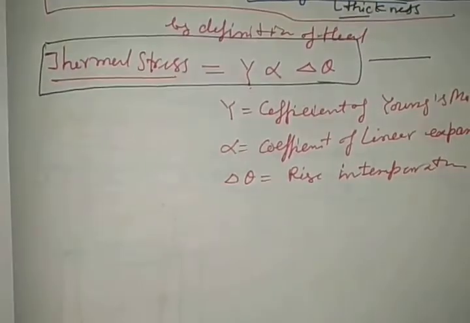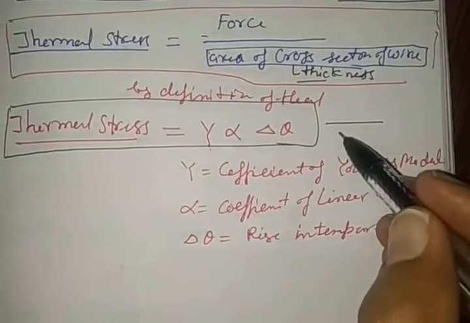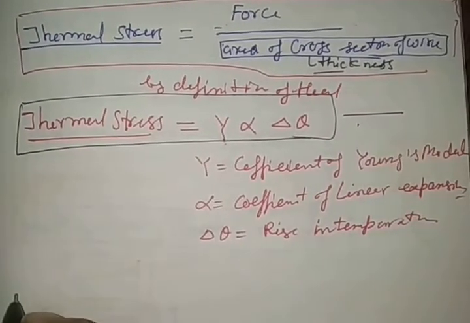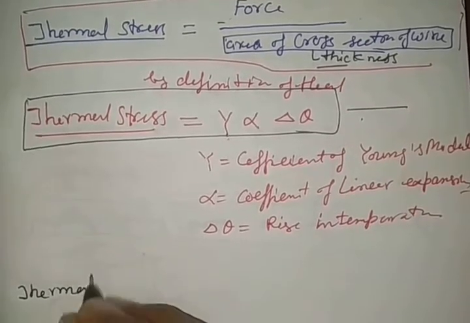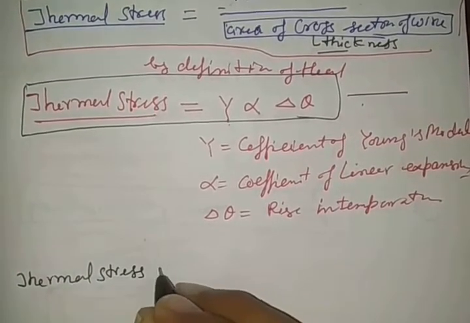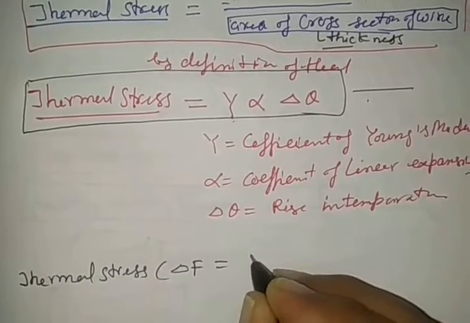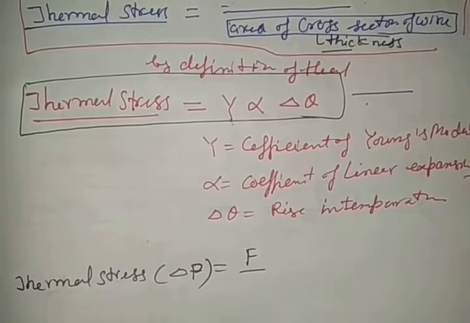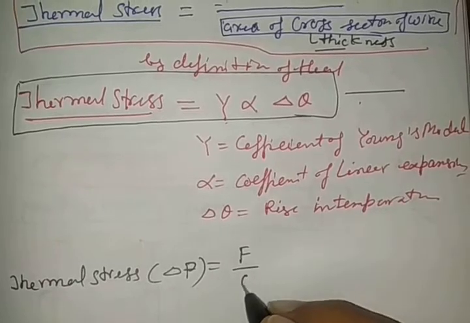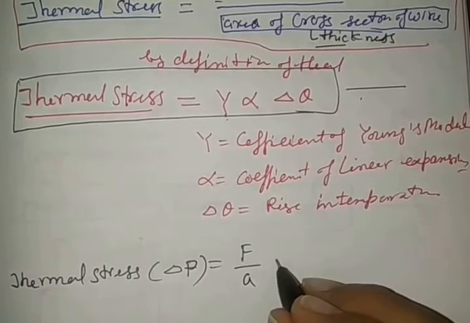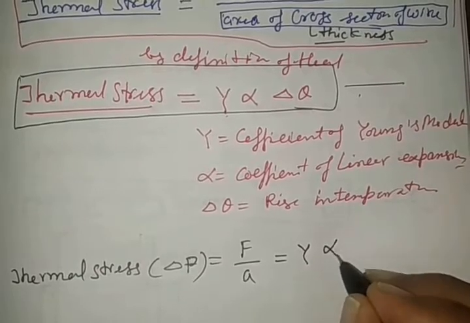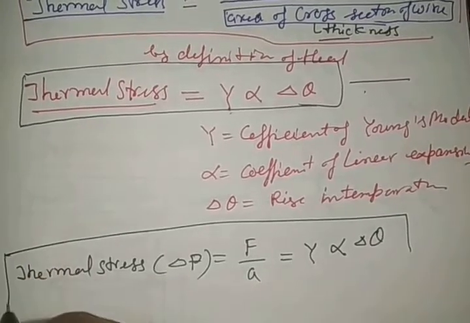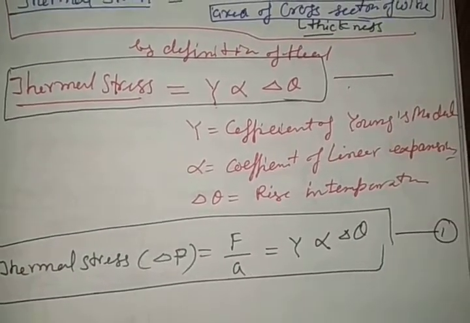So we may write by combining this formula and this formula, one may write thermal stress, denoted by delta P, is equal to force upon area of cross section of the wire, which is equal to Young's modulus into coefficient of linear expansion into delta theta in case of this, and it is represented by equation number 1.